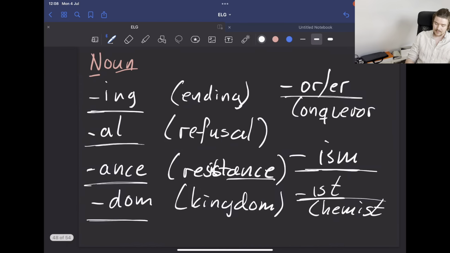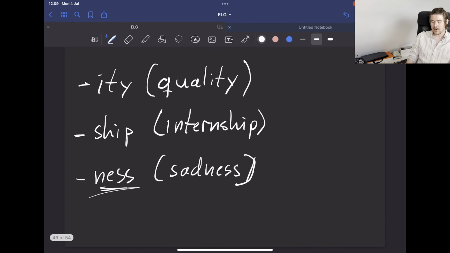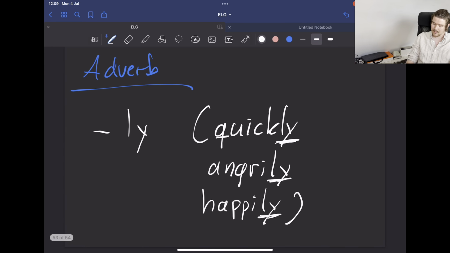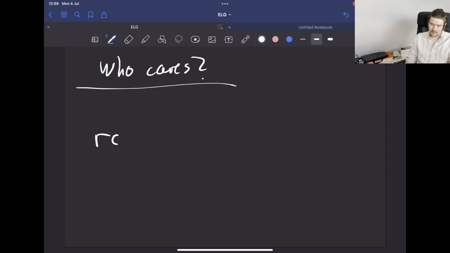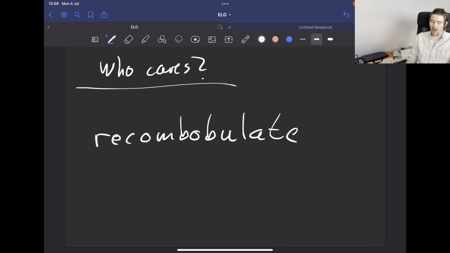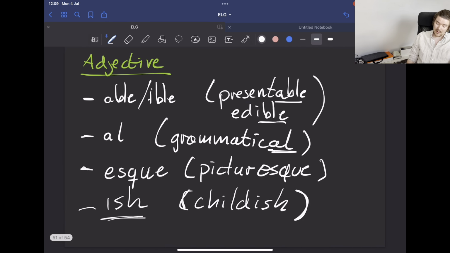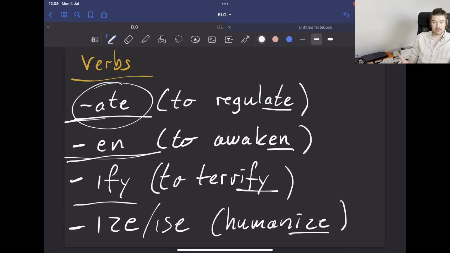So if you know morphemes, you can understand the word class, or you can get some of the meaning of a word you don't know just by knowing the morpheme. So if I say the word recombobulate to you, you might not know what this means. However, you recognize -ate, and you will also probably recognize re-. And -ate you can find under the verb morphemes.